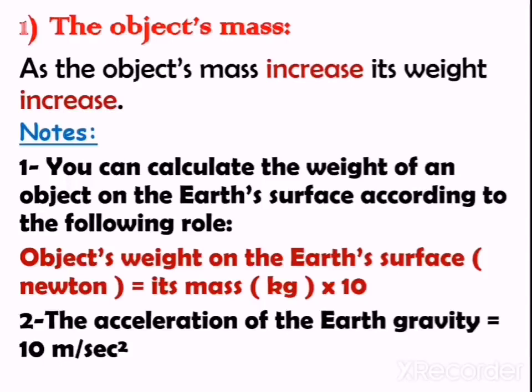The weight of the object on the Earth's surface in Newton equals its mass times 10, with the mass in kilograms. The weight of the object on the Earth's surface equals mass times 10, and the Earth's gravity equals 10.